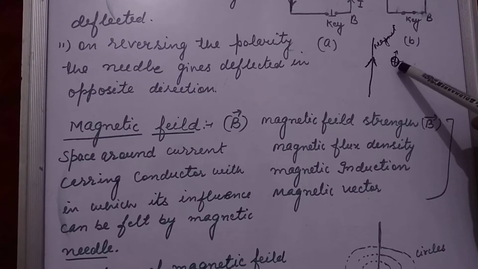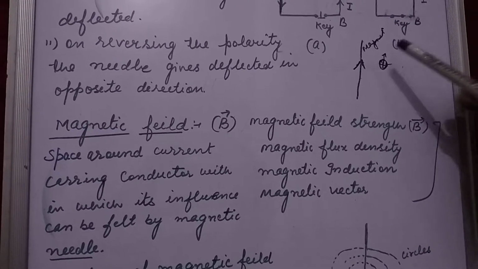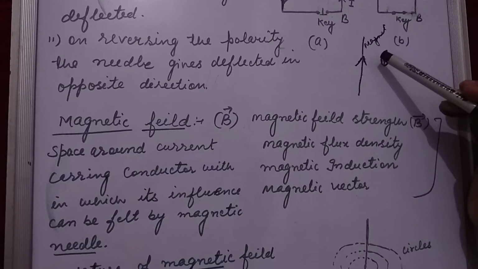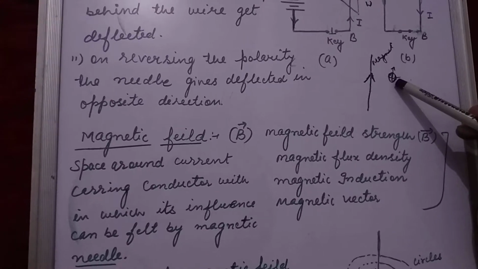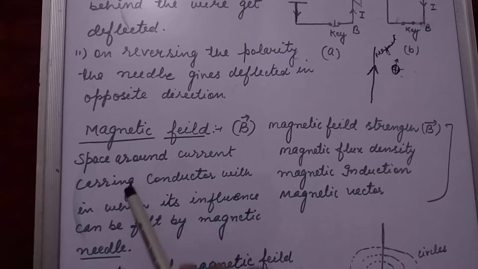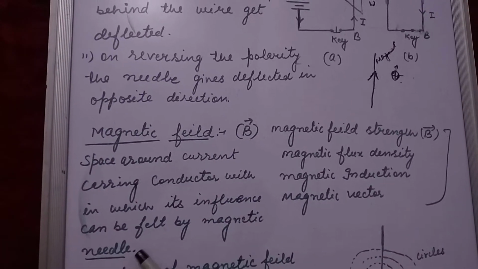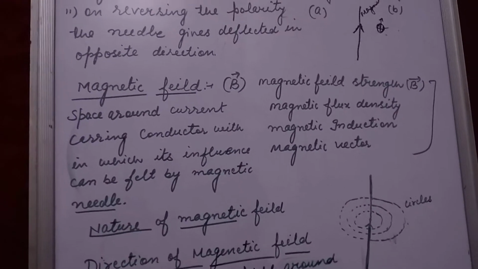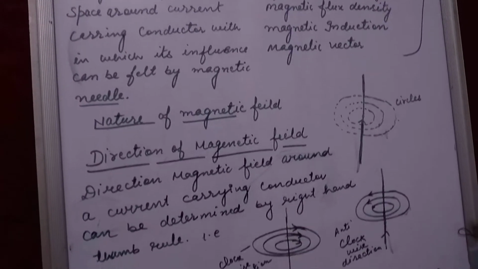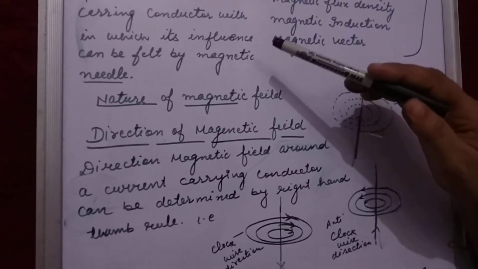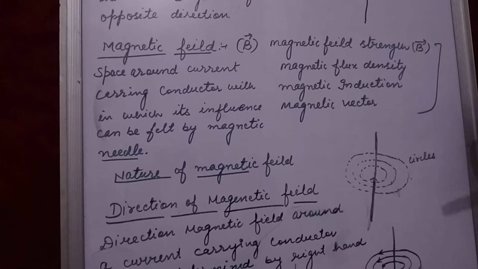If we put the magnetic needle far away from this magnet, they will not attract or repel each other. So there is a region or space within which its influence can be felt by another magnet. So the magnetic field is the space around a current carrying conductor within which its influence can be felt by the magnetic needle.